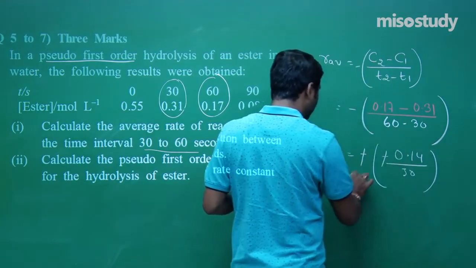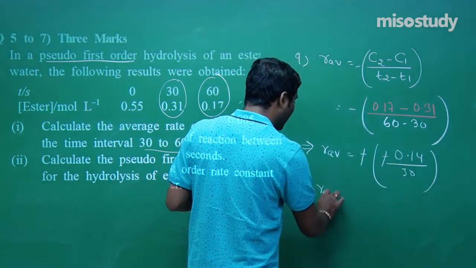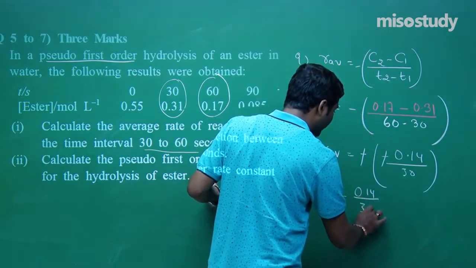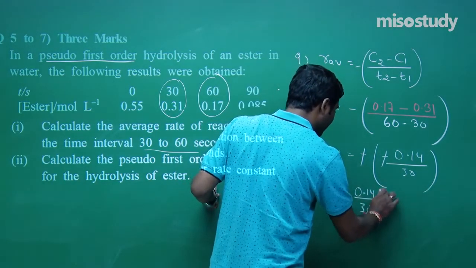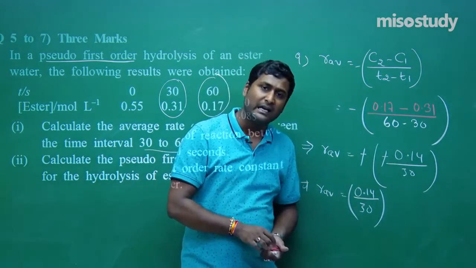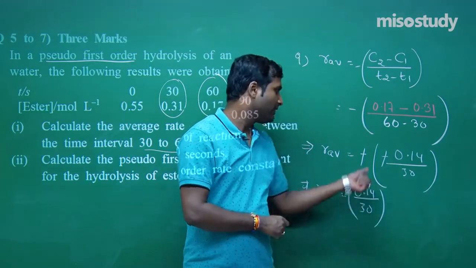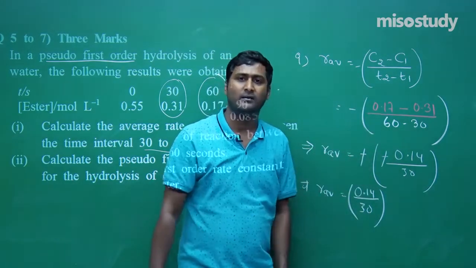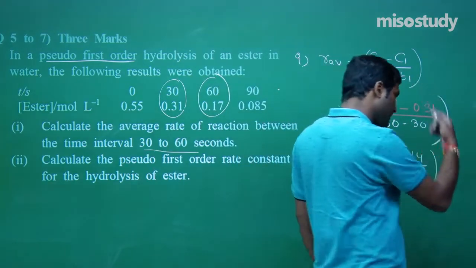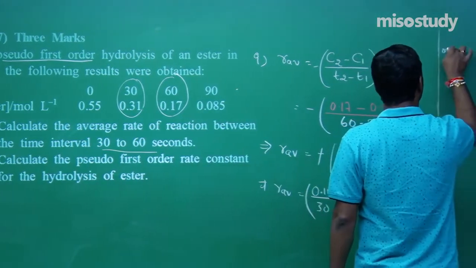That is minus minus plus, that is our average rate is equal to 0.14 divided by 30. This is simple. As I told you earlier, rate of reaction never comes negative. Minus and minus, so there is a decrement in the concentration of the reactant as the time passes. Now moving here to discuss the second part of the question.